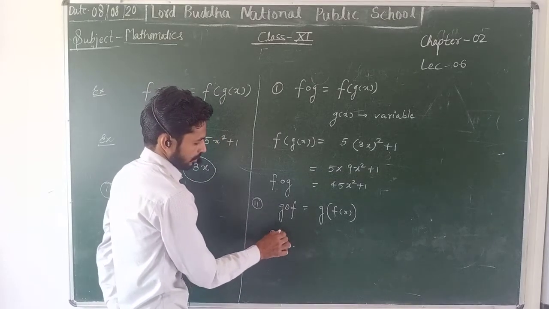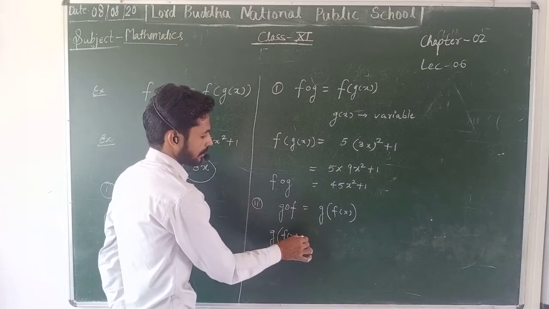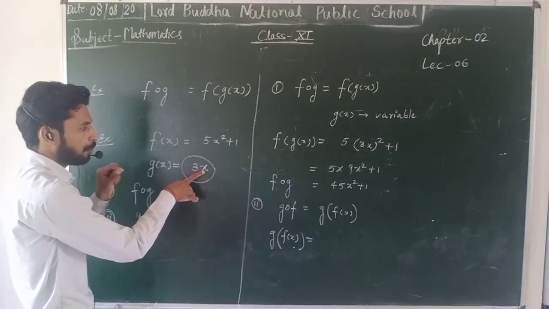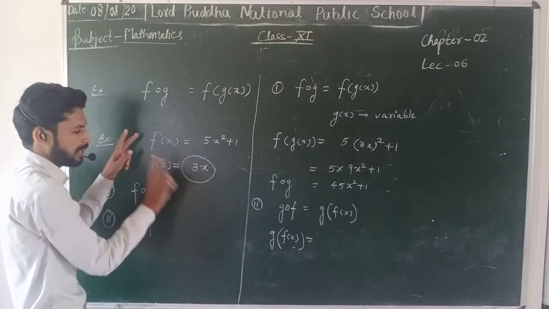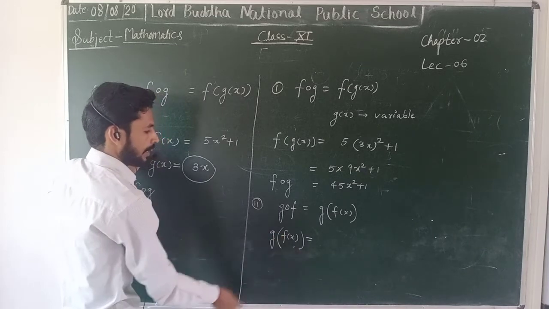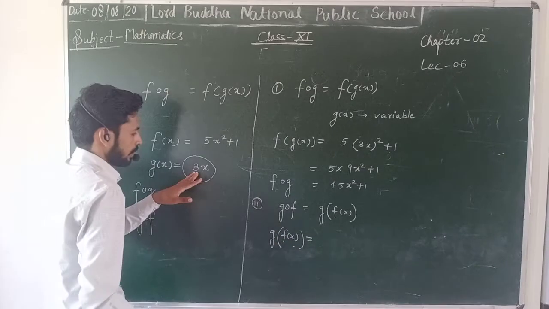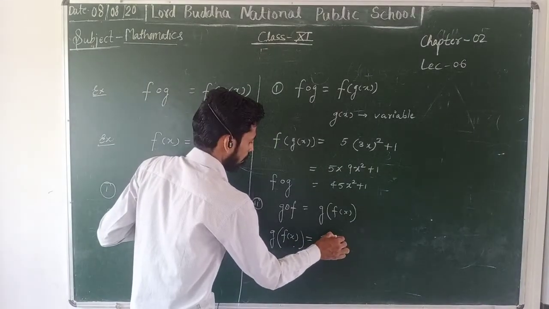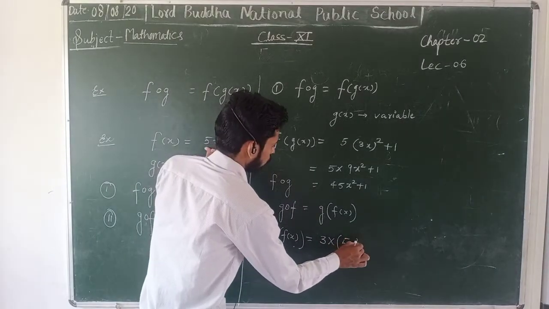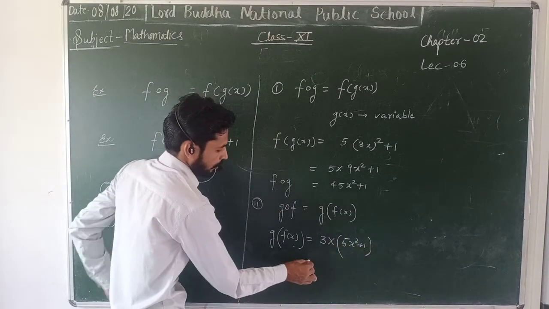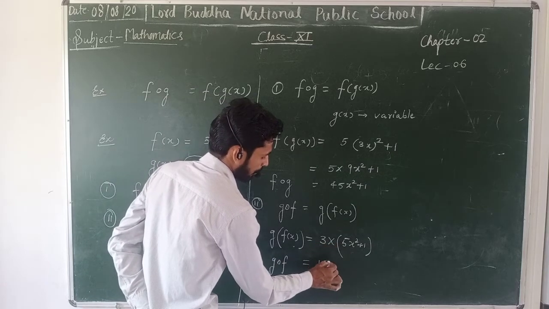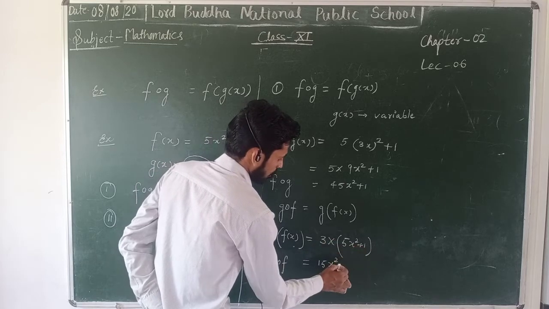Now the value of g of f of x is equal to, in place of x we have to put the value of function f of x, because in this situation f of x is the input variable in place of x. So it is written 3 into, in place of x we put 5x square plus 1. Now the value of g of f is equal to 3 times 5, 15x square plus 3.